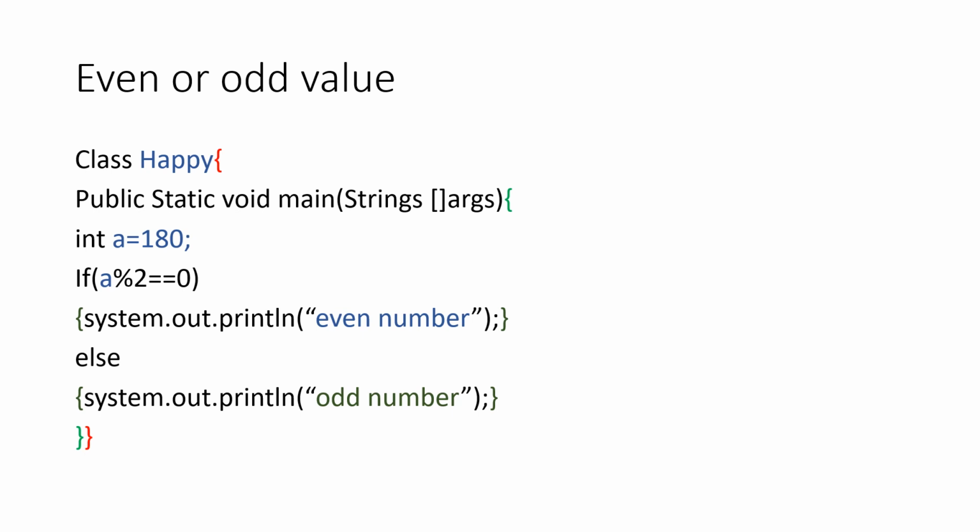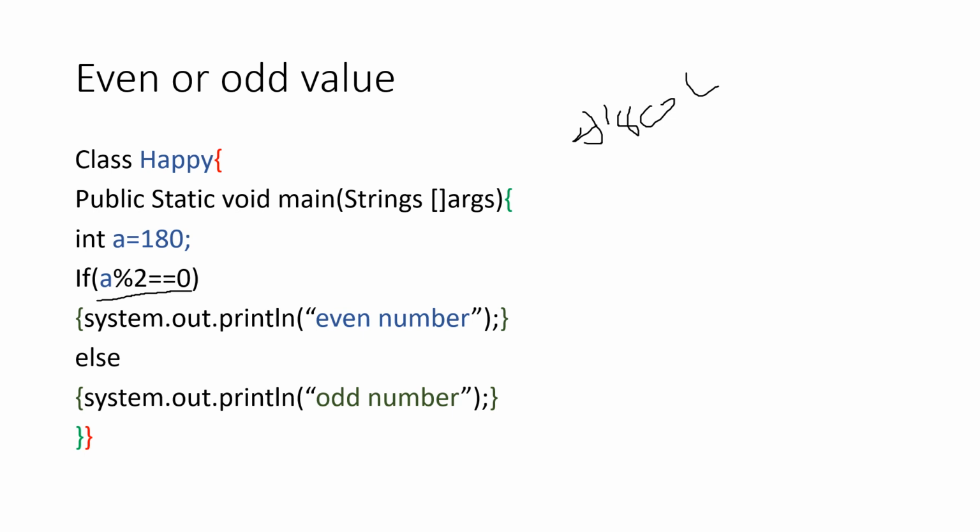Now we need to check whether a is even or odd. So a modulus by 2 is equal to 0 is the condition. It is simple: 180 divided by 2, is the modulus giving 0 or not?